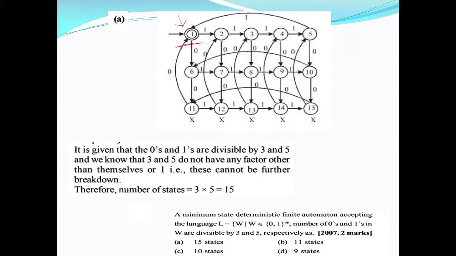When I have 1, I may get 0. Here, when you are here, the number of zeros is 0. If I get 1 and then 0, then the number of zeros divided by 3, you may get 1. Suppose one more is added, you get to 2. And one more 0 is added, then what happens? You will go to here, right? Divisible by 3 and so on, right?